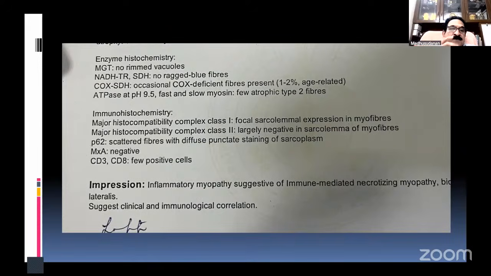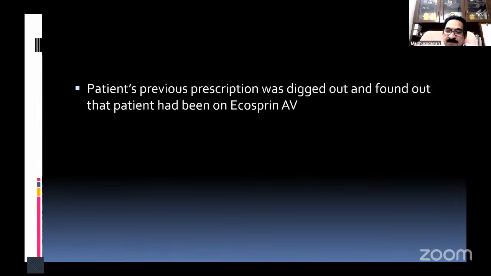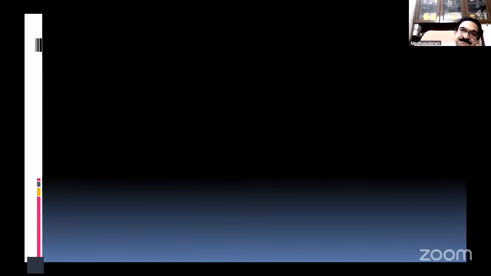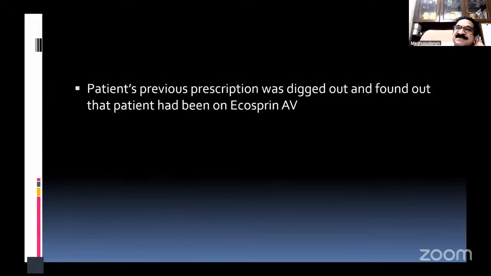I do not interpret all these things, CD3, CD8 few positives, I do not know. This is the impression. So what do you want to do? Sir, HMG-CR, IVIG. Okay. So then I went ahead and asked for the history.